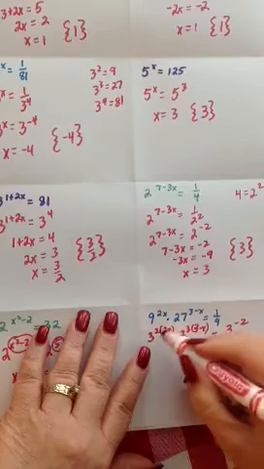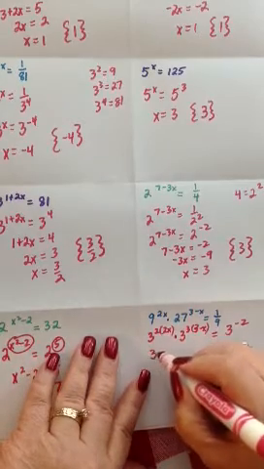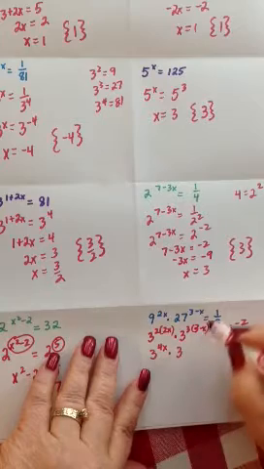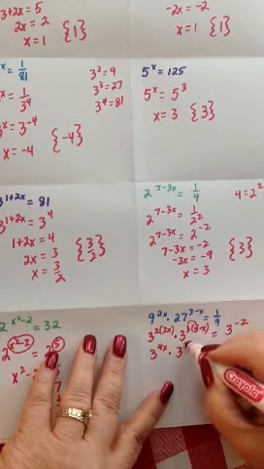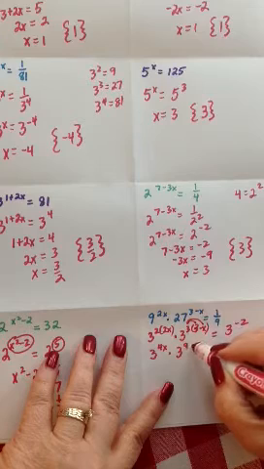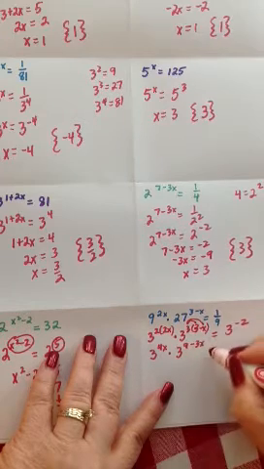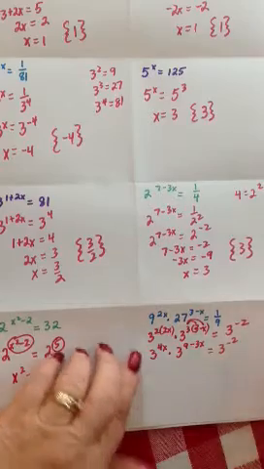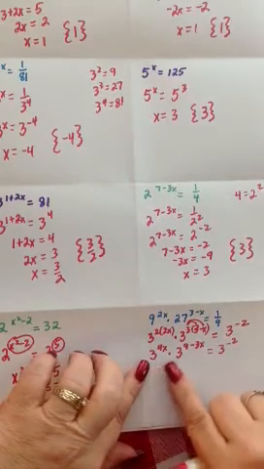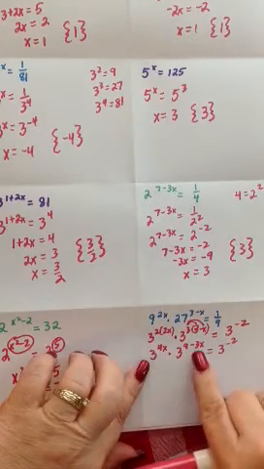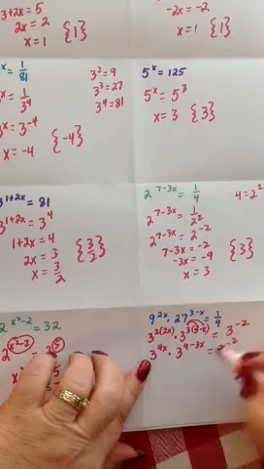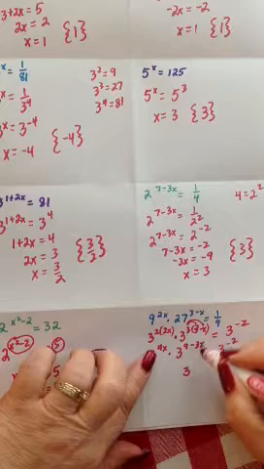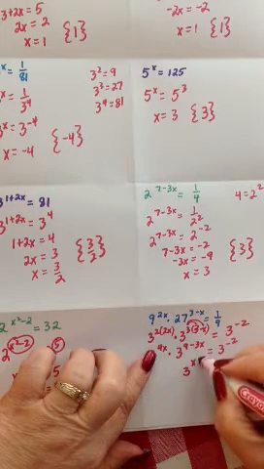I'm going to go ahead and multiply these on my next step, so I get 3 to the 4x times 3 to the 9 minus 3x, equal to 3 to the negative 2. Remember, when you multiply numbers with the same base, you add their exponents. And so I can write it as 3 to the 4x minus 3x is just x, and then we have a positive 9.